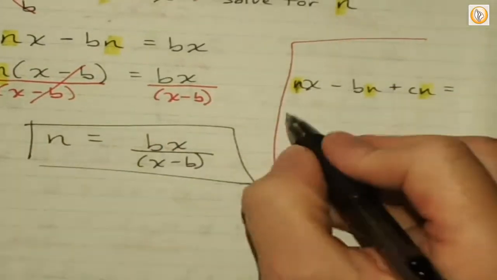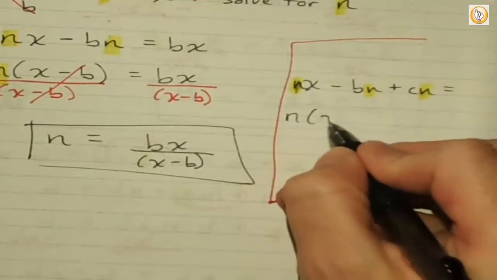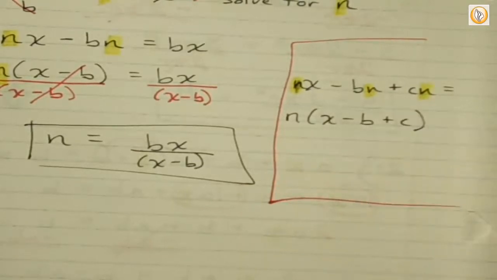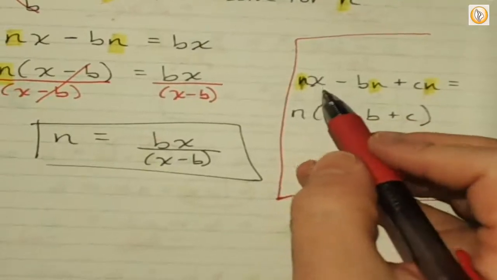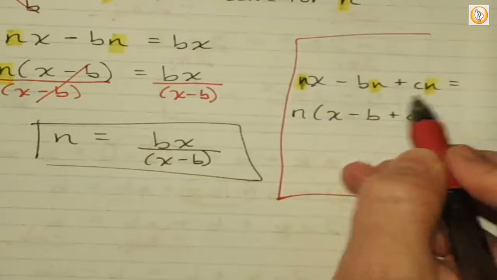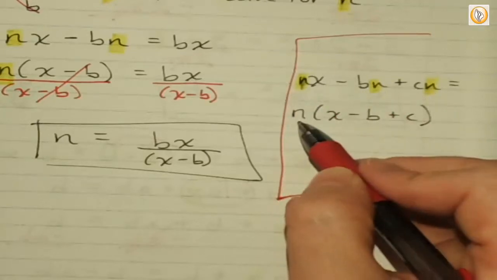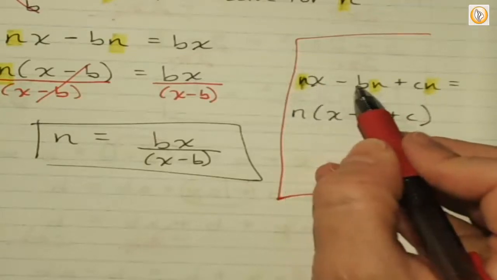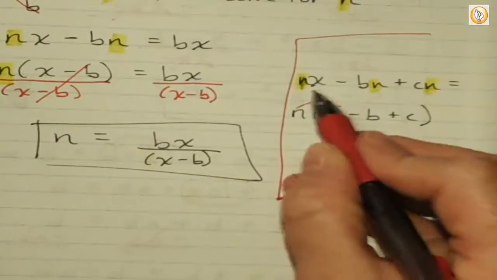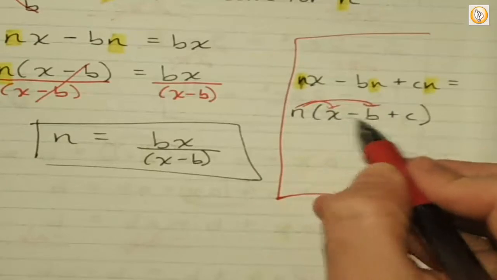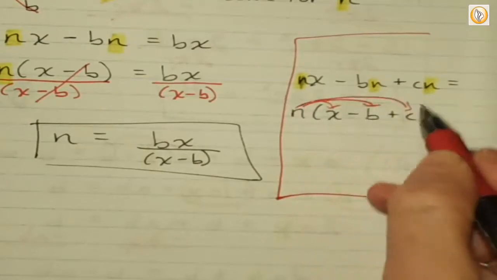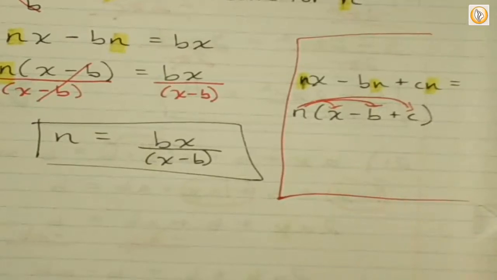So yes, I can pull that n out, and I'm left with x minus b plus c. Should we write this? Only if you want. Do you see what I'm saying? So yes, if you had 3 here, you pull out what they have in common, and then x minus b. Because look, we do distributive. N times x is nx. N times negative b is negative bn. N times c is cn or nc.